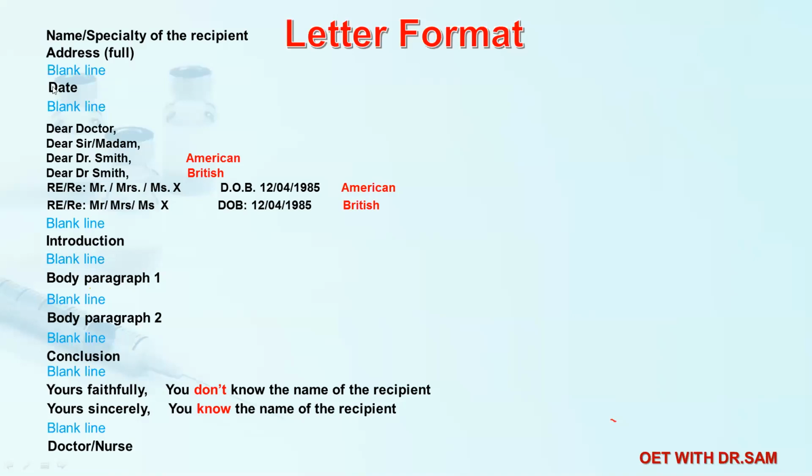You will write 15 January 2021 if you want to write in British style. After that, a blank line. Then, dear doctor, if you don't know the name of the doctor, or dear sir or madam, if you don't know the name of the recipient and the recipient is not a doctor. You don't know the name, you don't know the gender.